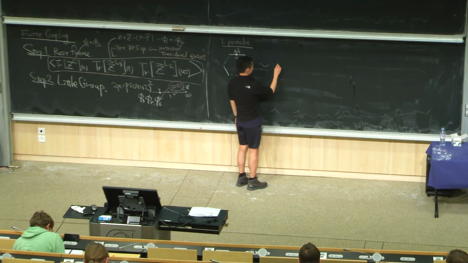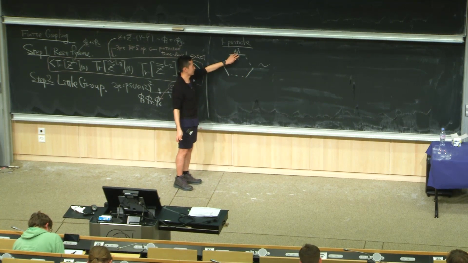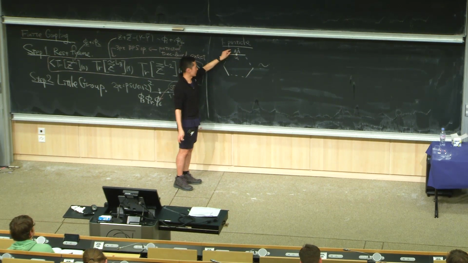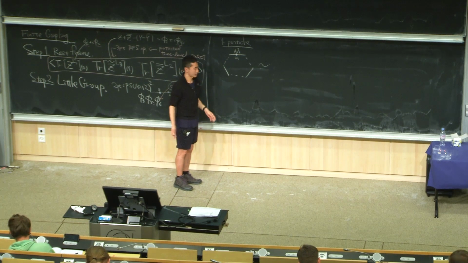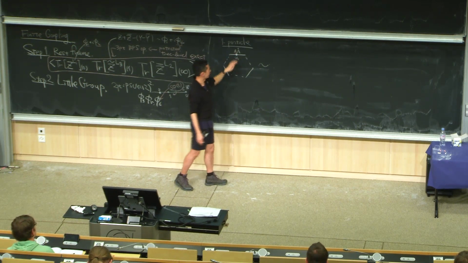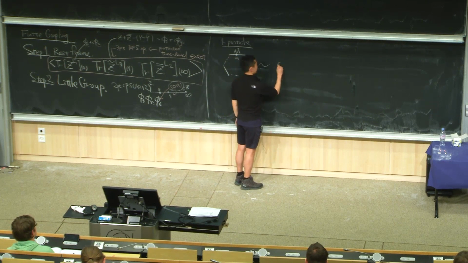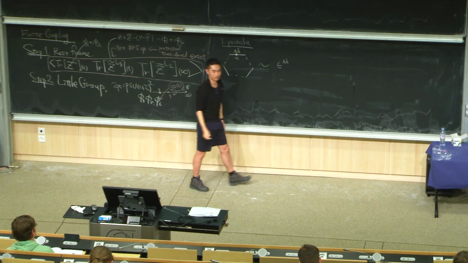And for simplicity, let's consider the SU(2). Suppose you have 2 SU(2) indices which act separately on A and A dot. And then you are asked, what is the tensor structure which is invariant under the diagonal transformation of SU(2) times SU(2)? And the answer is simple. The answer is, of course, the epsilon tensor.